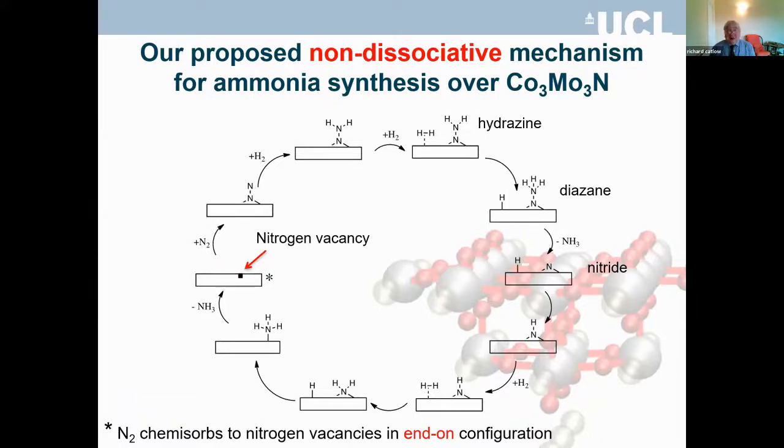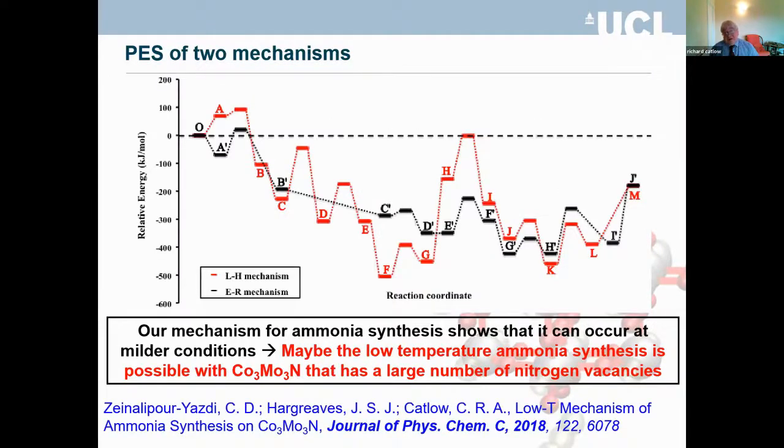And that is, we think, the key factor making this an effective catalyst, that it's a non-dissociative mechanism. And this is now really the thrust of our current and future work on ammonia synthesis, and that is to find even more effective catalysts that work by a non-dissociative mechanism.